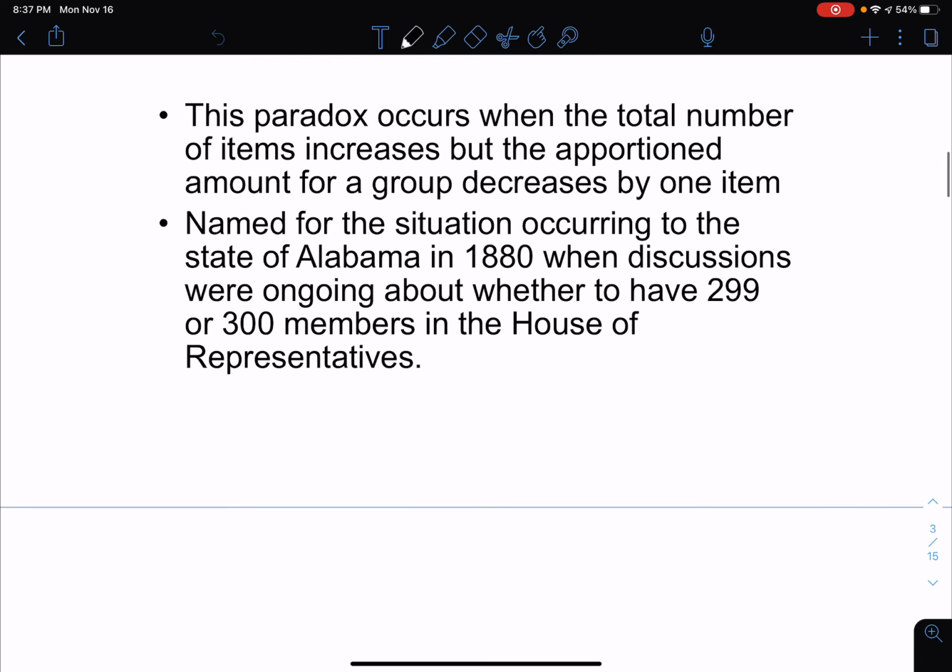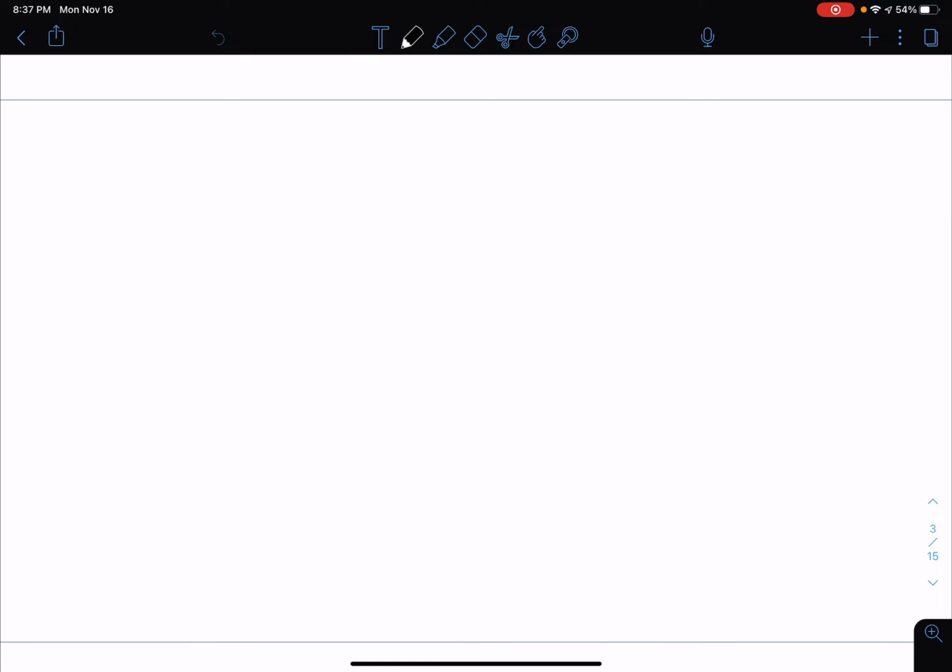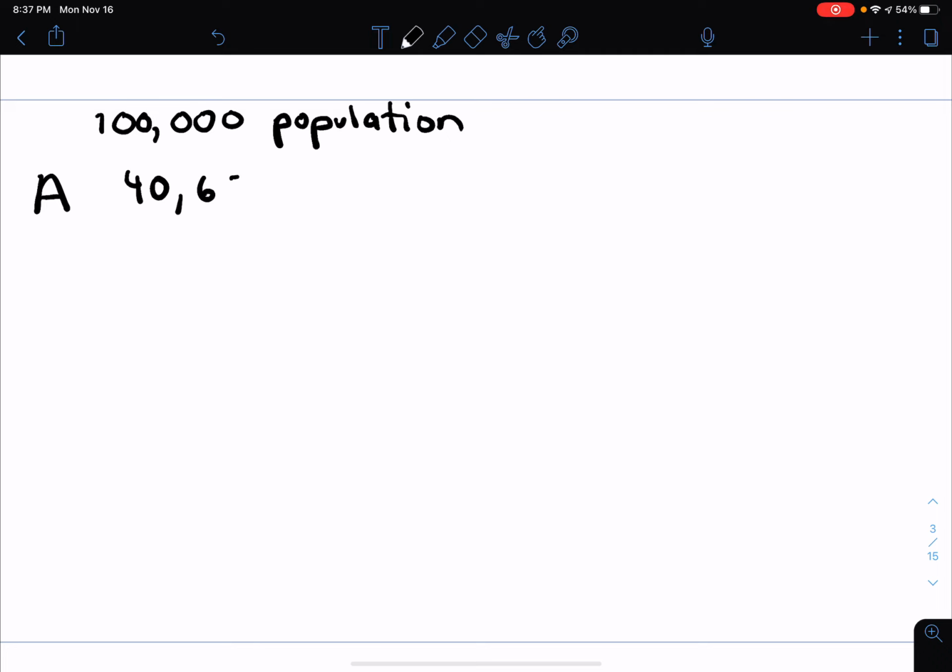So let's look at our own example of what this looks like. All right, so the ever popular states A, B with letter names. We've got 100,000 population. We've got state A with 40,650. We've got state B with 38,650.